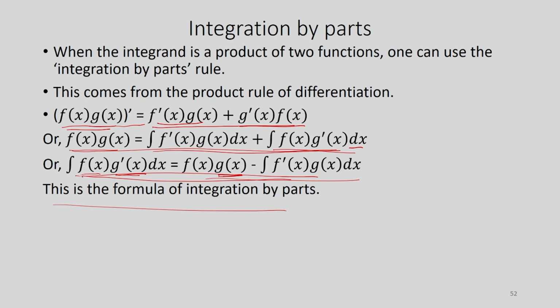We are going to take these two functions f(x) and g prime x, and then we are going to use exactly this rule, but we have to make sure that the g(x) function that we write here is the antiderivative of g prime x, which is appearing on the left hand side, and that is nothing but saying that the g(x) function that is appearing on the right hand side is the integration of this function, which is appearing as the second function in the integrand on the left hand side.